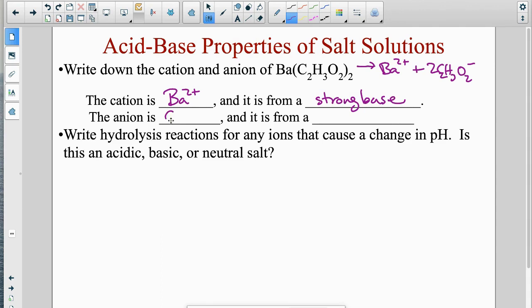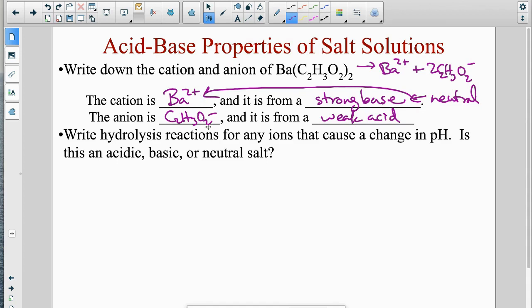The anion is C2H3O2-, and it's from a weak acid. It's the conjugate base of a weak acid. So the barium ion will be neutral.